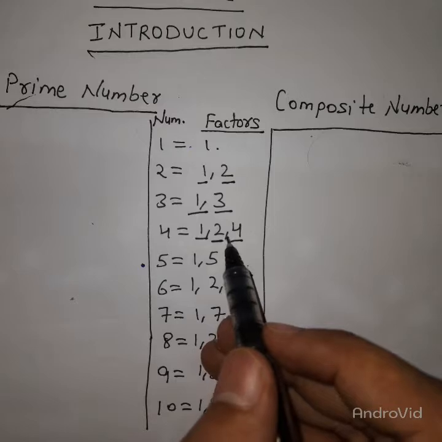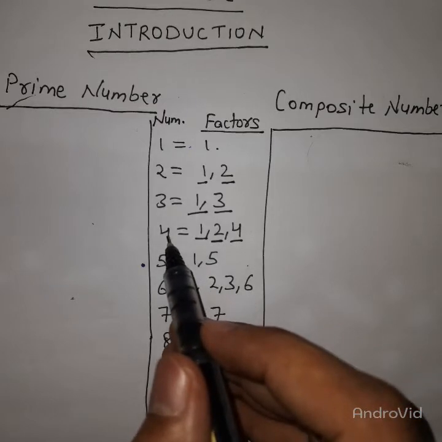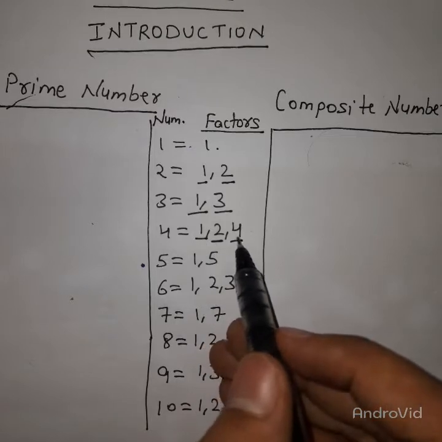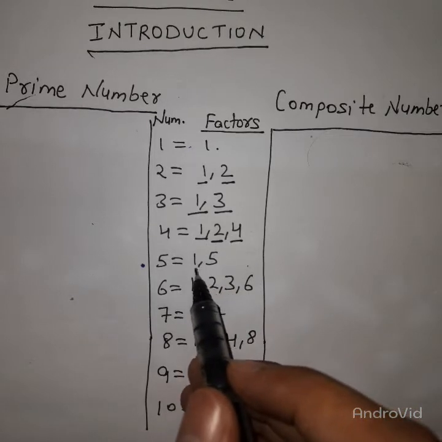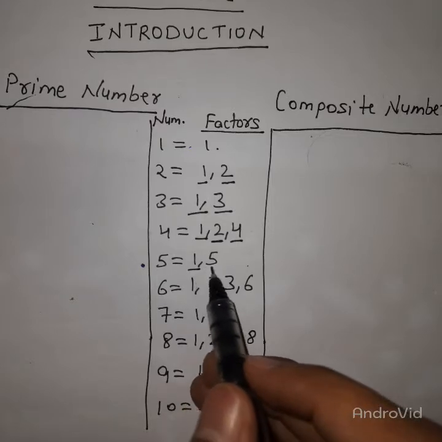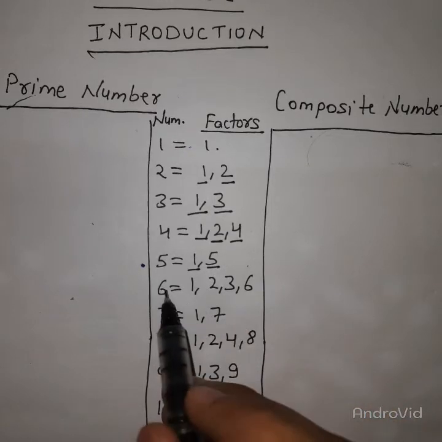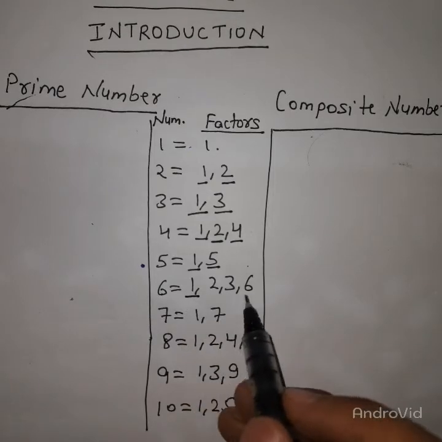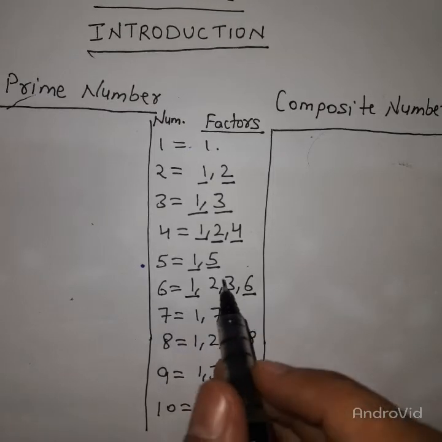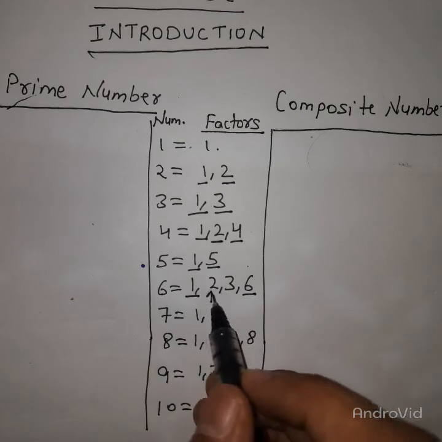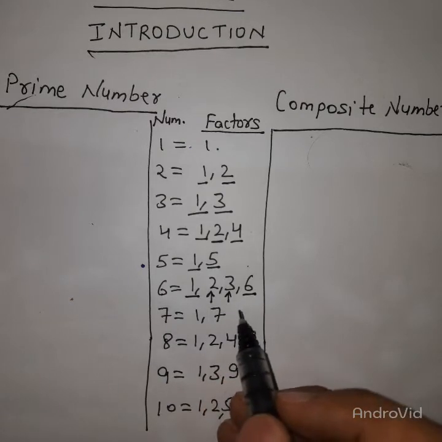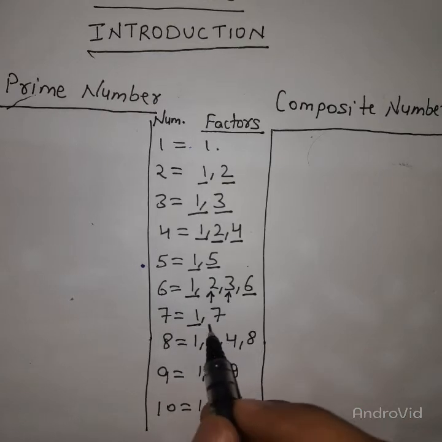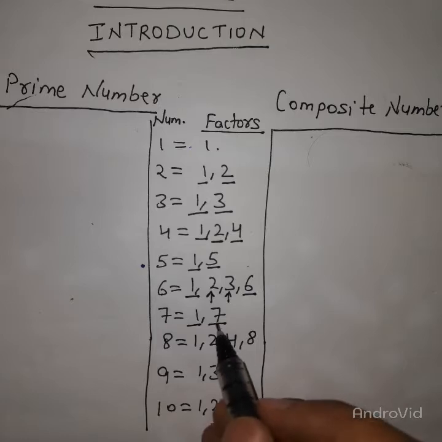So, every factor divides its number. So 4 is divided by 1, 2 and 4. In case of 5, 5 is only divided by 1 and itself. In case of 6, it is divided by 1 and itself as well as by 2 and 3. In case of 7, it is divided by 1 and 7.